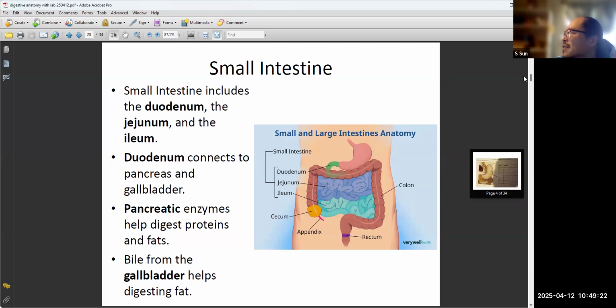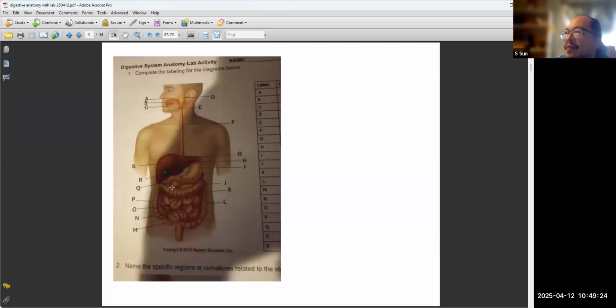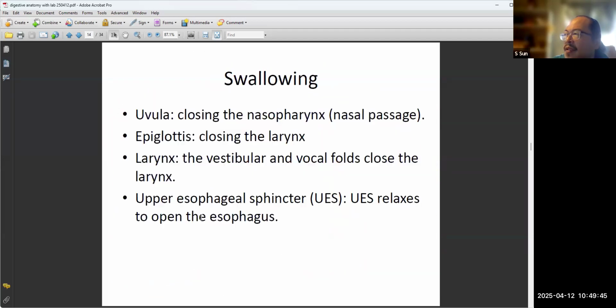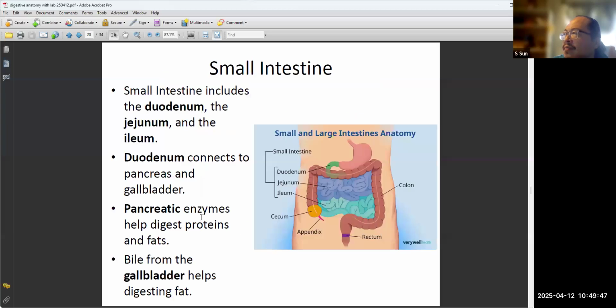All right. Let's go back to here. And then the large intestine. This one is the appendix. And then the large intestine, this whole thing is called colon. But the colon has three portions, and they have names. Let me go back to the colon right here.